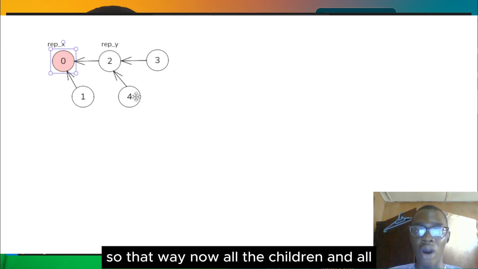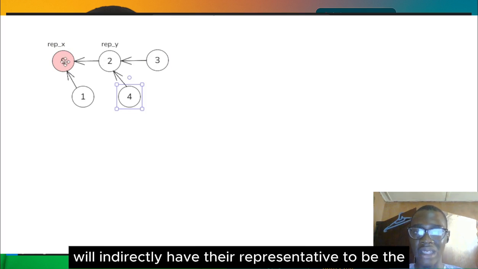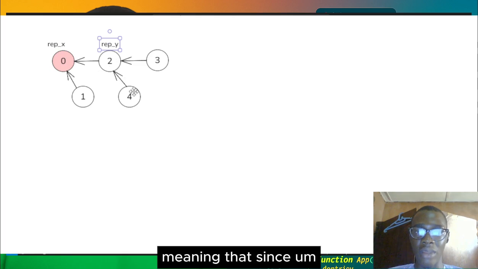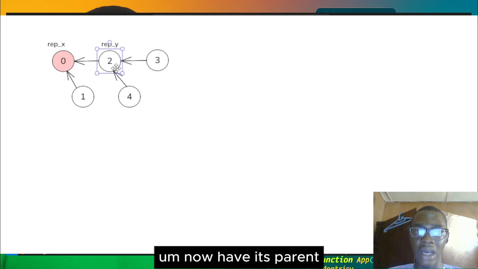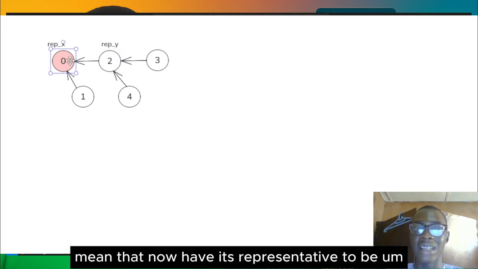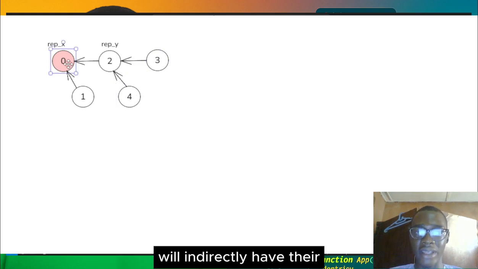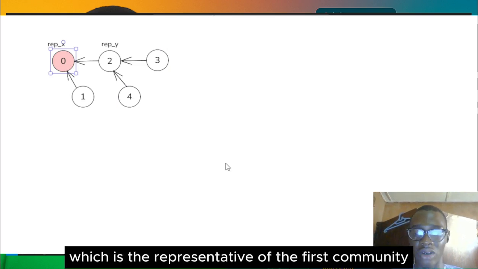That way, all the children and all the persons in the second community will indirectly have their representative be the parent of their initial representative. Since the initial representative of the second community now has its parent be rep S, definitely all the persons in the second community will indirectly have their representative be rep S, which is the representative of the first community.